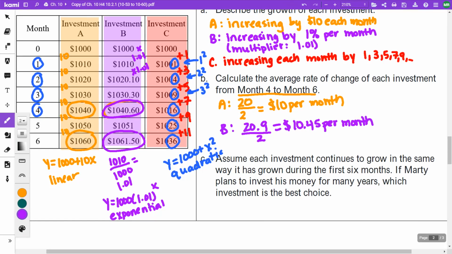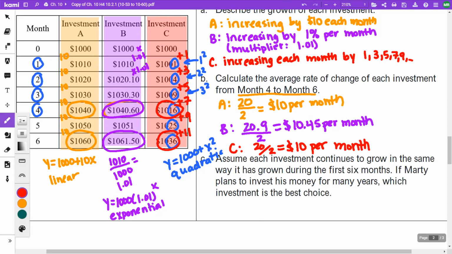And then when I'm looking at C, I'm subtracting again those 2 months. 1036 and 1016 is going to give me 20 every 2 months, which is $10 per month.